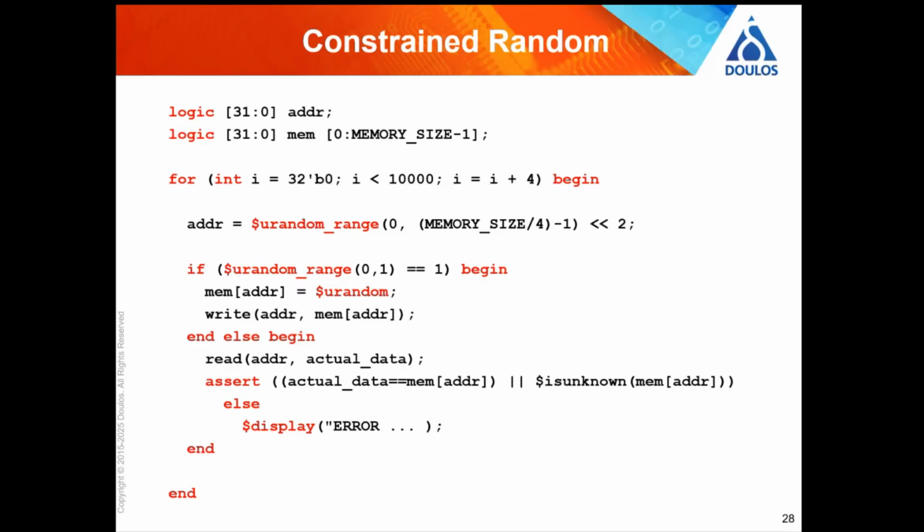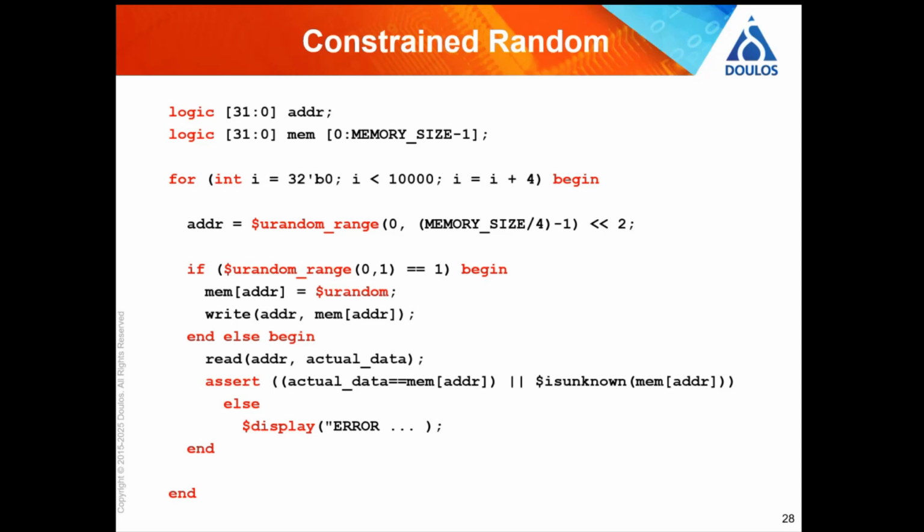And if it's a 1, then we are generating some random data and storing that in an array. More on that in a second. And then we're writing that random data to that random address. If the random number was a 0, we do a read instead. We don't need to generate any data to do that, but we've already generated a random address.